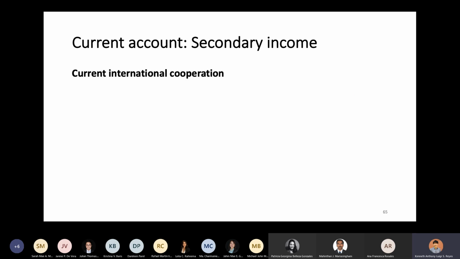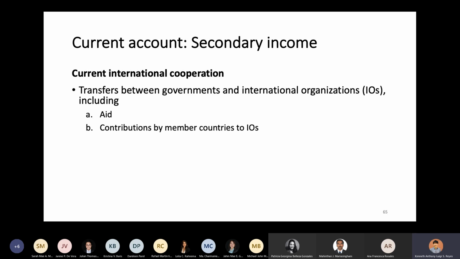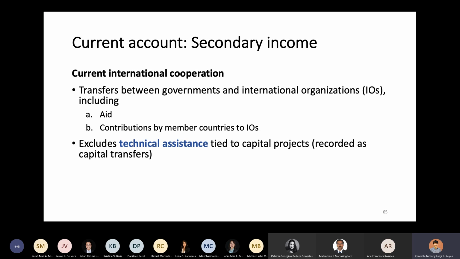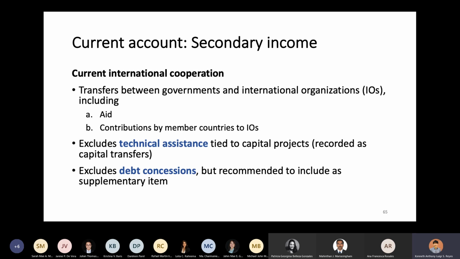Okay, finally, we have current international cooperation, which includes transfers between governments and international organizations. This can be in the form of aid or in the form of contributions by member countries to the international organization that they belong to. It excludes technical assistance tied to capital projects because these are recorded under capital transfers.